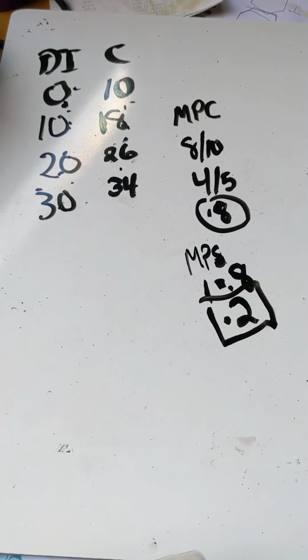What the multiplier seeks to do is to explain how much change in equilibrium GDP would result from any change in spending.